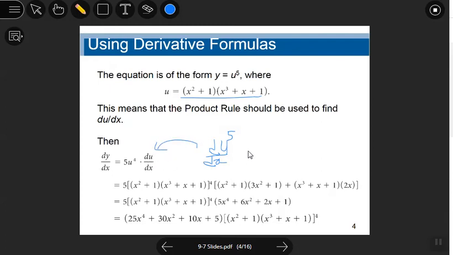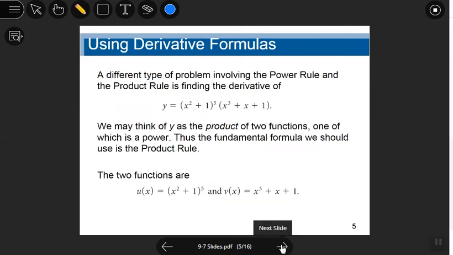Then here we have used power rule. So after that you have to find du over dx. To find this one you have to use product rule. So at the end this one becomes your final answer.